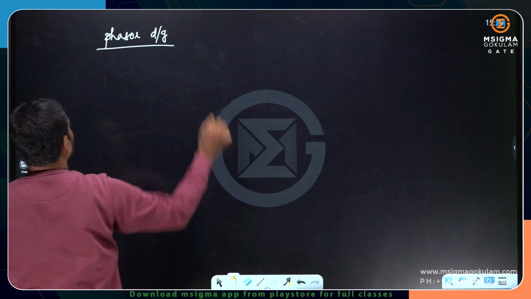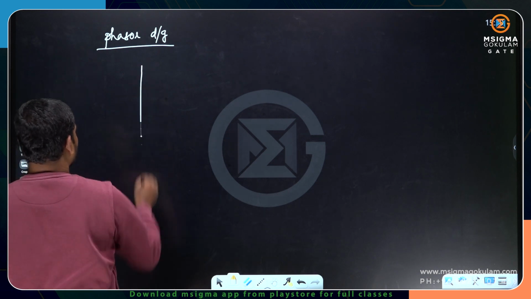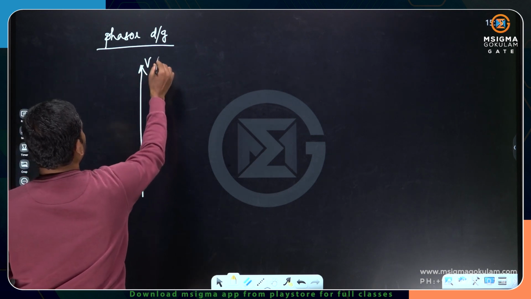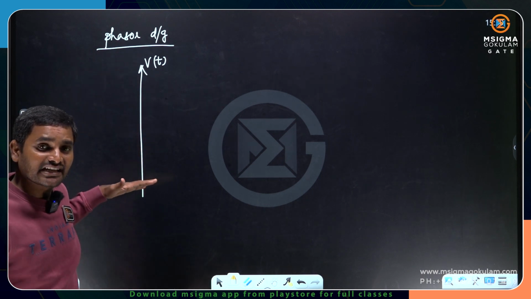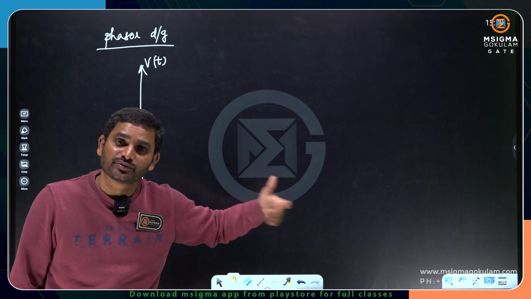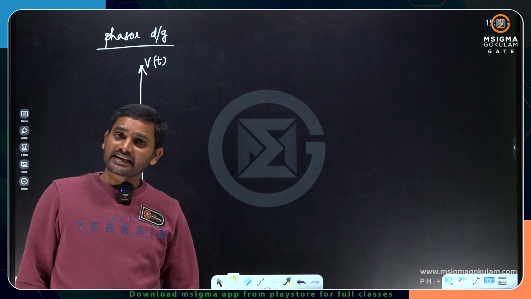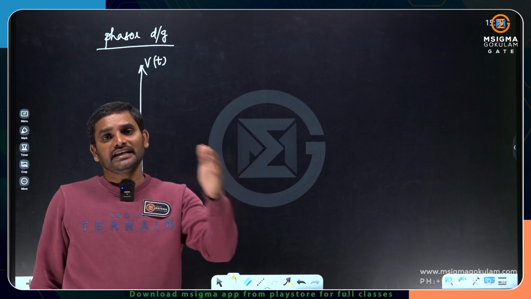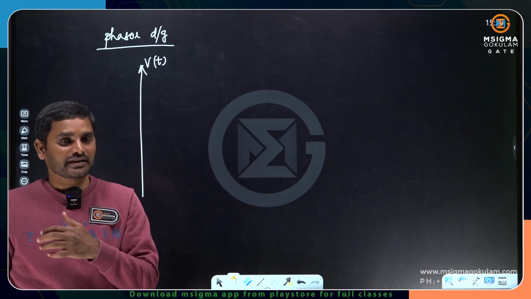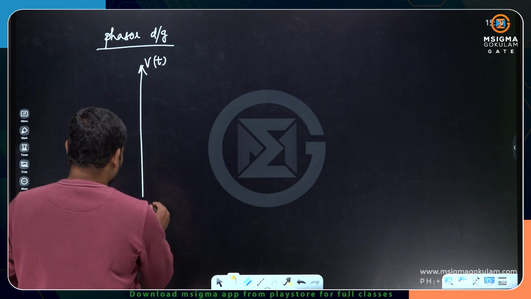So the phasor diagram will be like this. I have a supply voltage. With respect to the supply voltage, the current lags. Which current lags? The inductive nature of current lags. Why inductive nature? Because the core has two properties, a magnetic property and a conducting property. The magnetic property I am showing here.